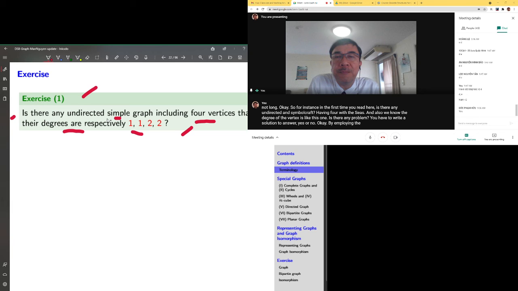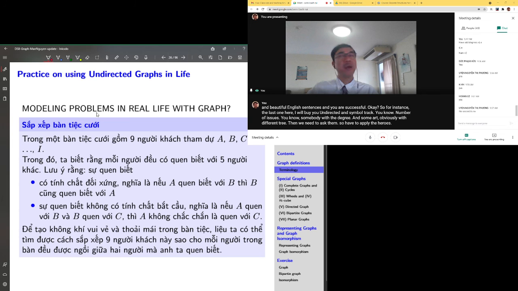Okay, so for instance, the last one here, I provide you an undirected and simple graph. You know the number of edges, you know some vertices with a degree, and some other vertices with a different degree. Then we need to find the number of vertices. So you have to employ the theorems. If we have time, we go back to this exercise to solve it later. Okay, but right now we move on.